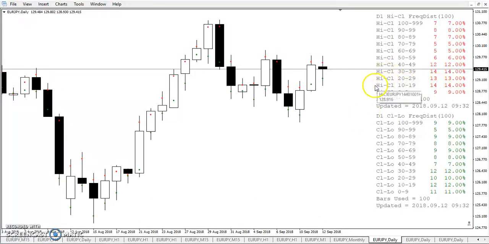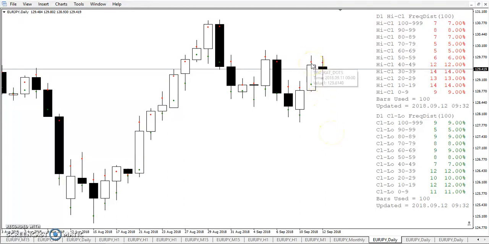So this basically says, over 70% of the time, price is not going to close above the red dot or below the green dot. Now sometimes it does, but usually it doesn't.